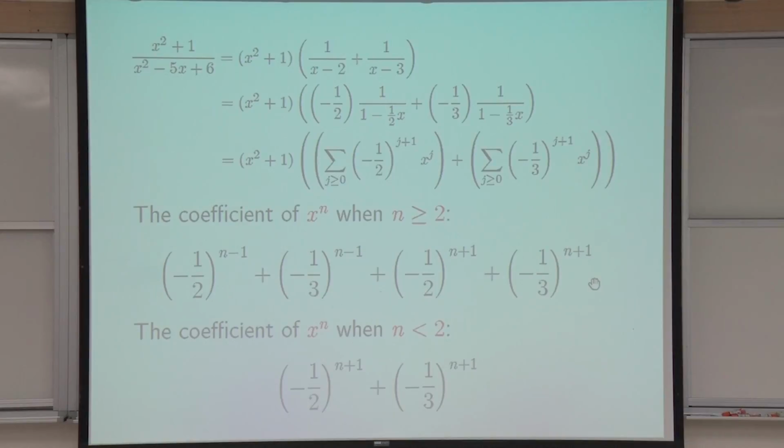But when n is less than 2, you should notice that x squared times this part will not produce x to the power 0 and x to the power 1. So you should not add these 2 here. When n is less than 2, we have only 2 of them.